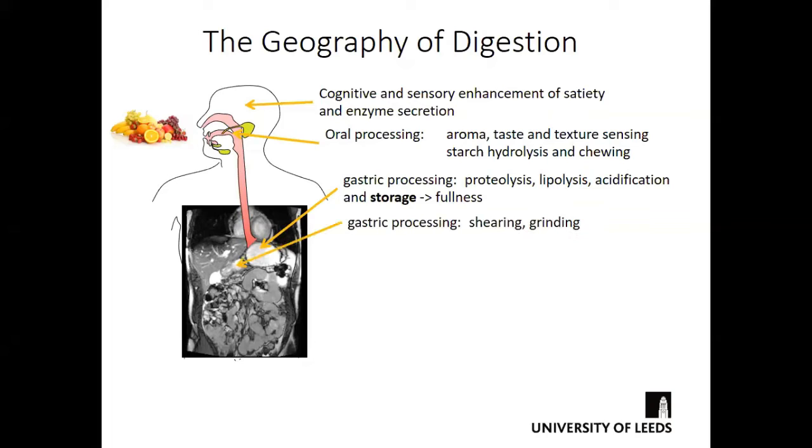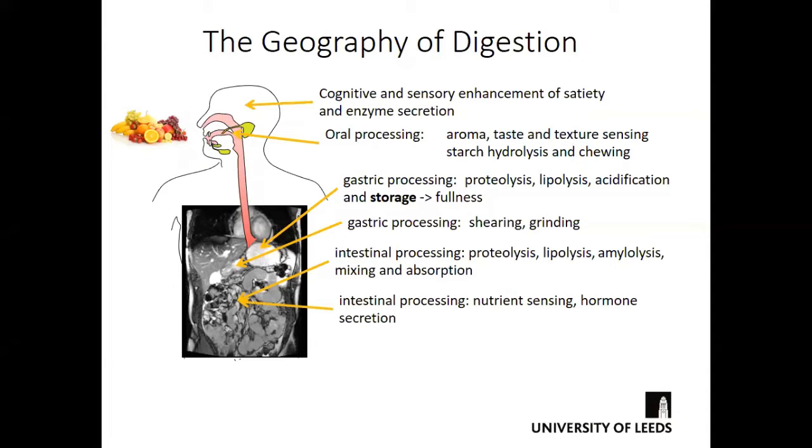And it's stored before it is exposed to a certain amount of shearing and grinding, and then passed into the intestinal phase of digestion, initially the small intestine, where proteolysis, lipolysis, and amylolysis take place in a mixed environment, so that it is a well-mixed system, and of course it's the main site of absorption of nutrients.